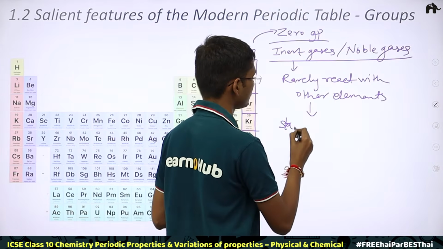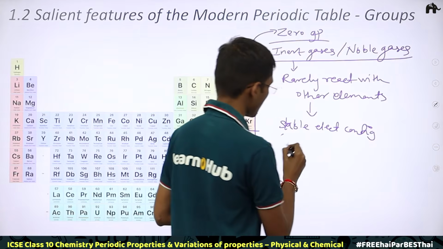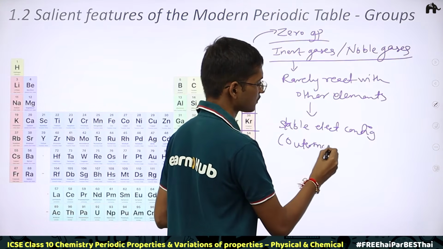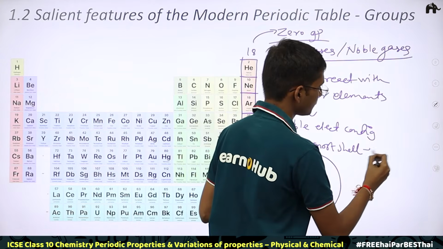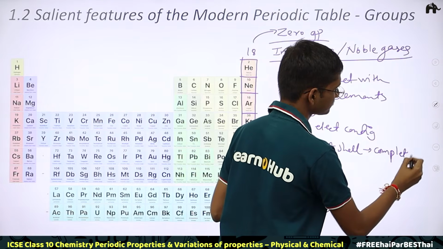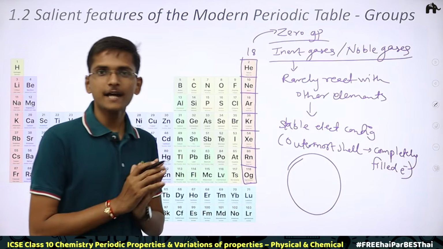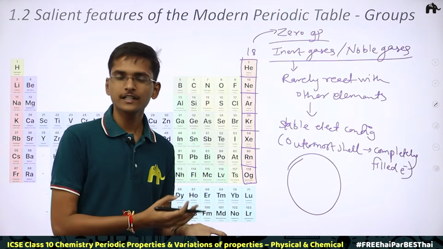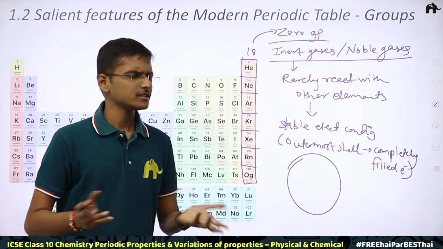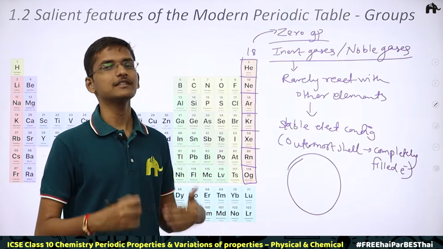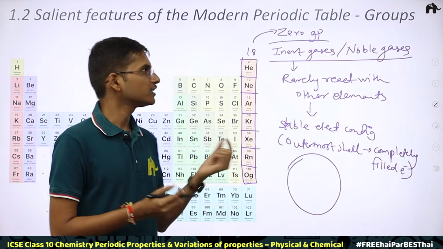Stable electronic configuration means their outermost shell, the last shell, is completely filled with electrons. So they absolutely feel no need to give electrons or to share electrons or to accept electrons. They are just very much happy with themselves, so they don't react with other elements, and therefore we have named them inert gases which do not react. Inert means which do not react.